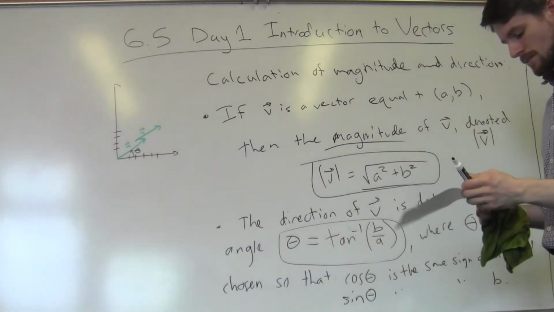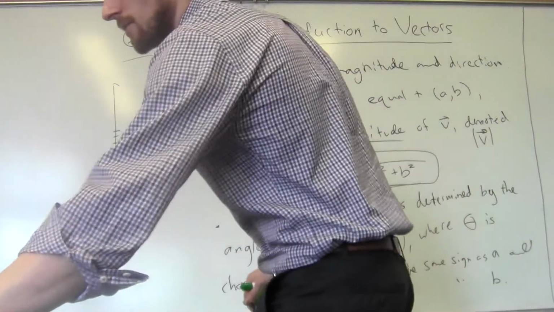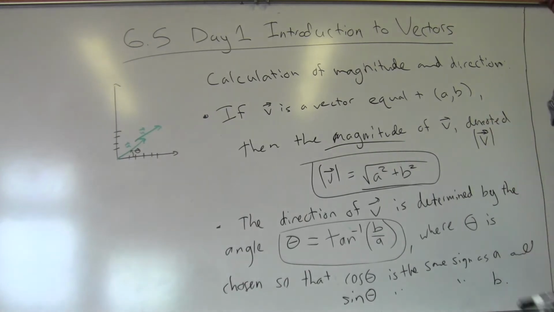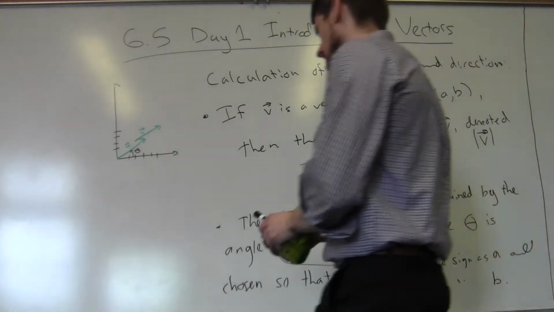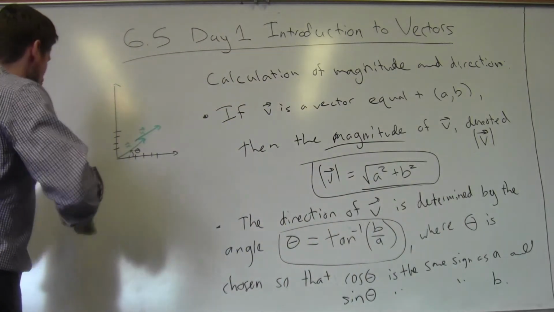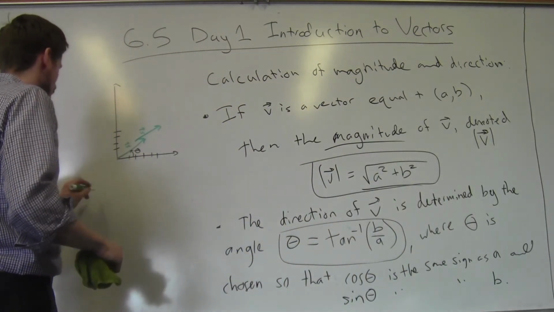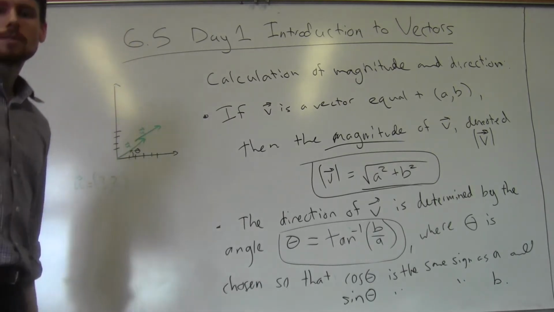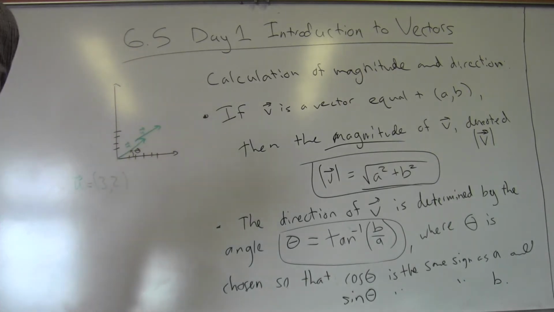It's basically the case. So let's do an example of calculating the magnitude and direction, or an angle, of a vector with this example u right here. So since u equals 3, 2, the magnitude of this vector, you see that all right?